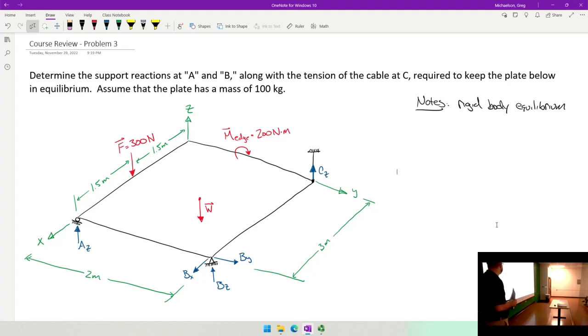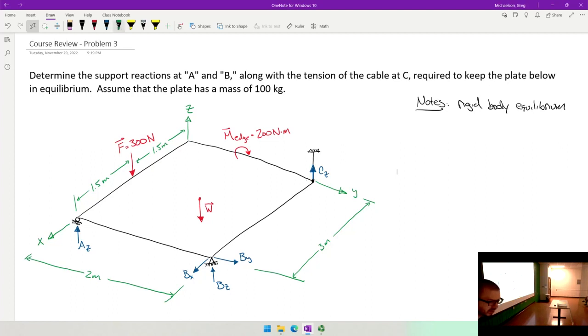So the first thing I'm going to do is I'm going to start to describe my forces. I'm going to describe my position vectors and my moments. This is an equilibrium problem, which means we're going to need to sum forces and sum moments. Okay? So because we're summing moments, we need to select a location about which to sum moments.